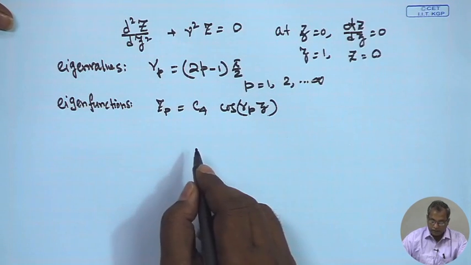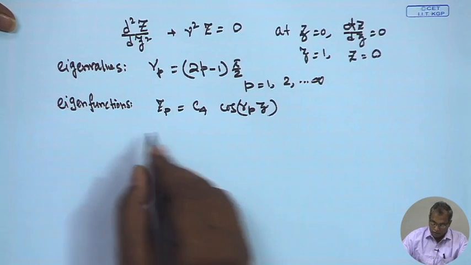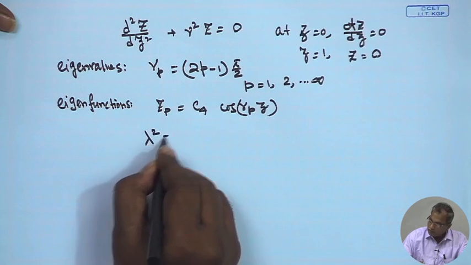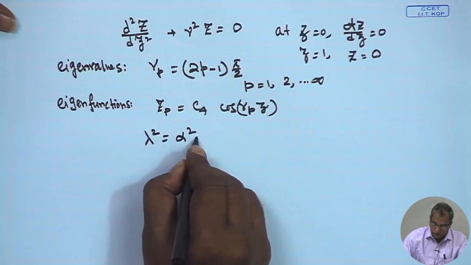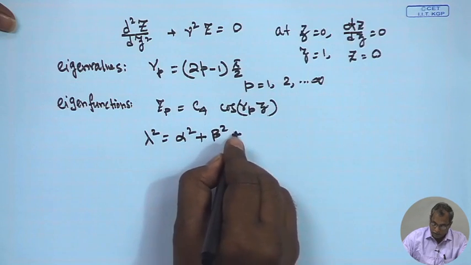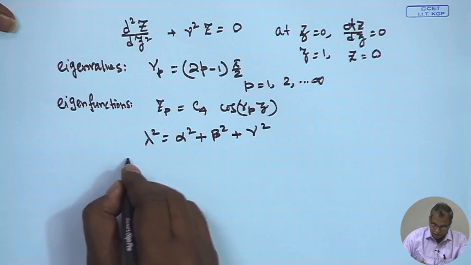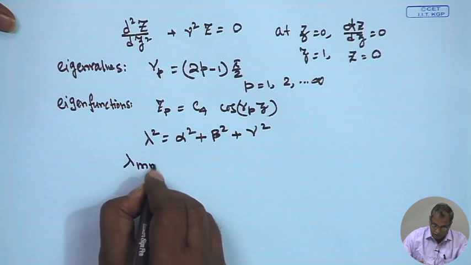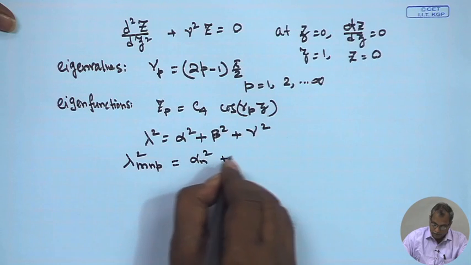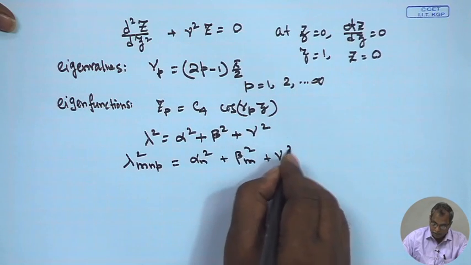Before that, we have to get the time varying part. So, let us look into the time varying part. What is lambda square? Lambda square will be nothing but alpha square plus beta square plus gamma square. Now, let us put in the subscripts. So, lambda m n p square is equal to alpha n square plus beta m square plus gamma p square.